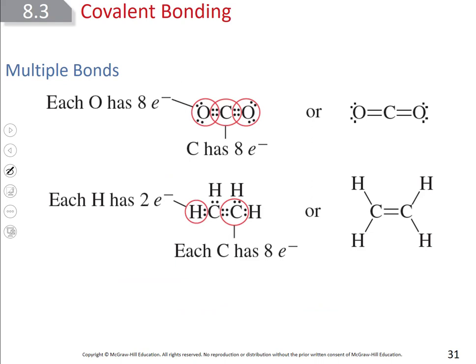So here are some examples of double bonds. We have the double bonds between carbon and oxygen in a carbon dioxide molecule. By the way, how many valence electrons are around carbon? 4. So how many bonds can carbon make? 4.